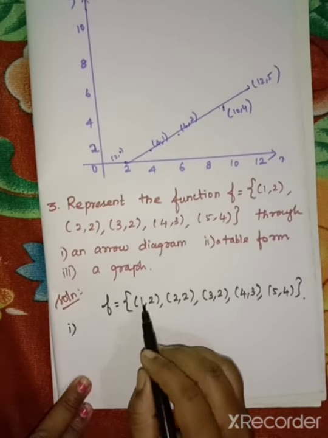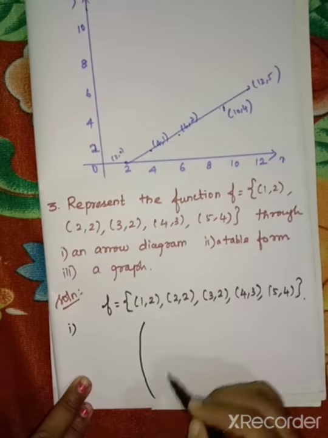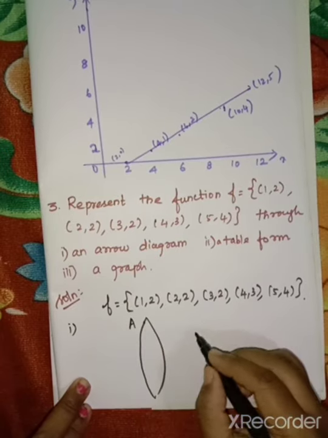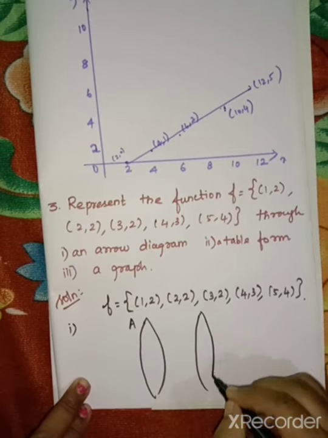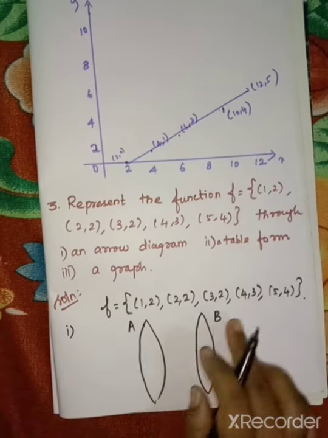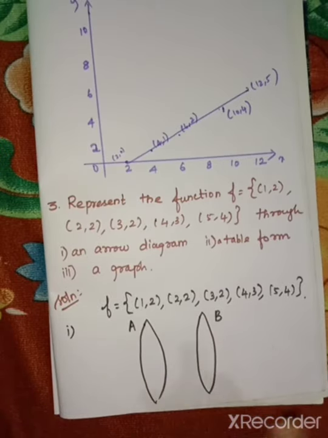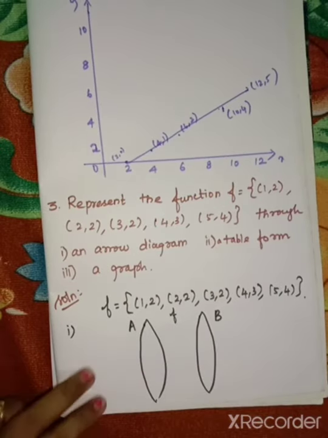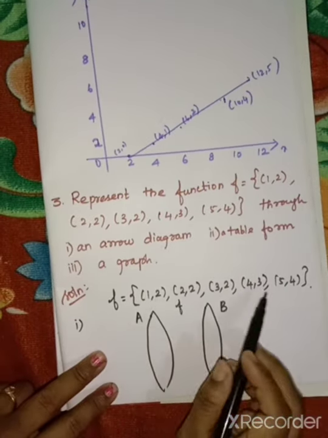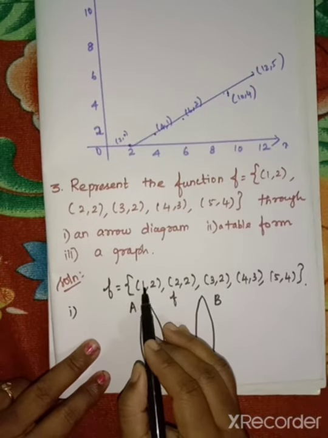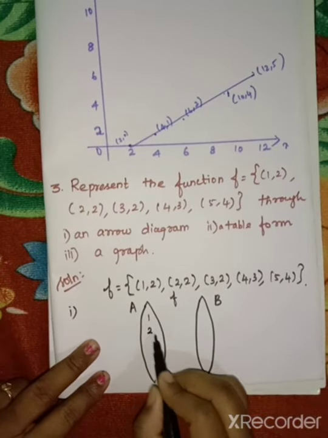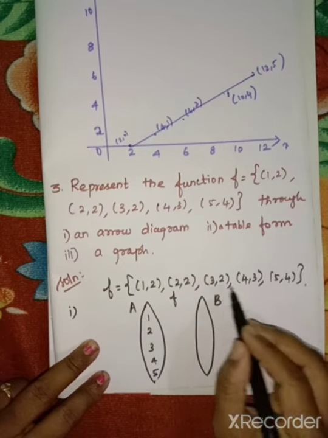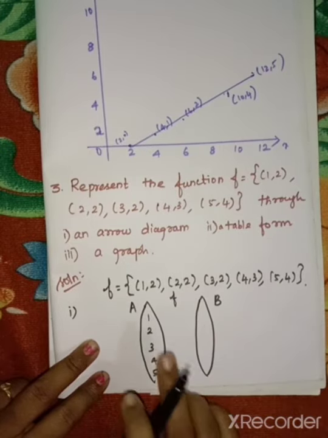So for the arrow diagram, the function is f, so A set and B set. If you just want to change the alphabet, you can change it, that is no problem. First one is the A set, second one is the B set. Here the numbers are 1, 2, 3, 4, 5, which we mention as the A set.